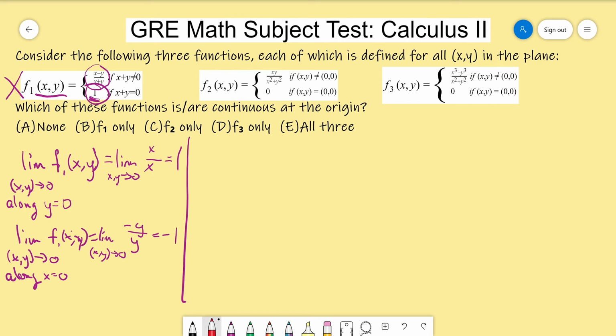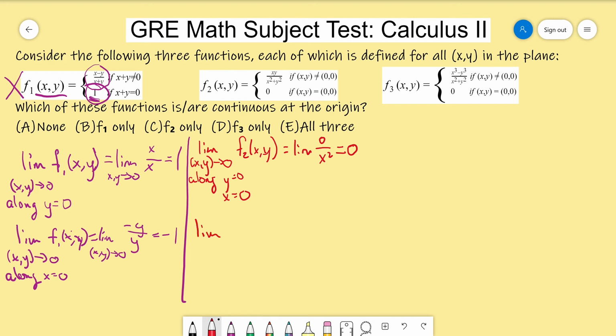Let's take a look at f2. For f2, let's try the same strategy. If we take the limit as (x, y) goes to 0 along y equals 0, let's plug in 0, we'll get 0 over x squared. So this will be the limit of 0 over x squared, which does equal 0. If we do the same thing along x equals 0, we'll also get 0, so that looks promising.